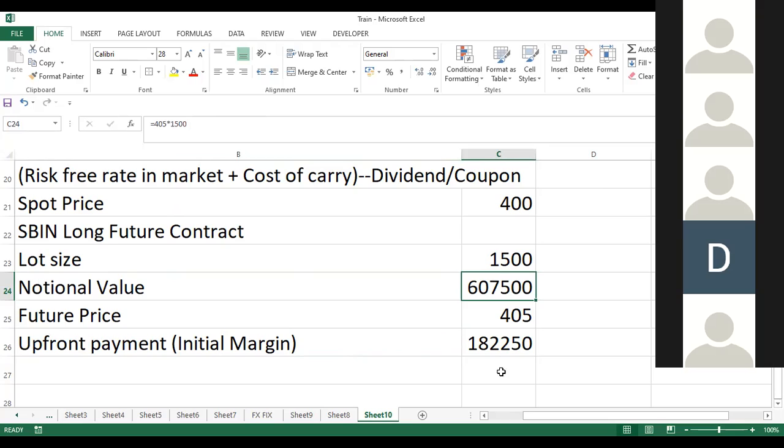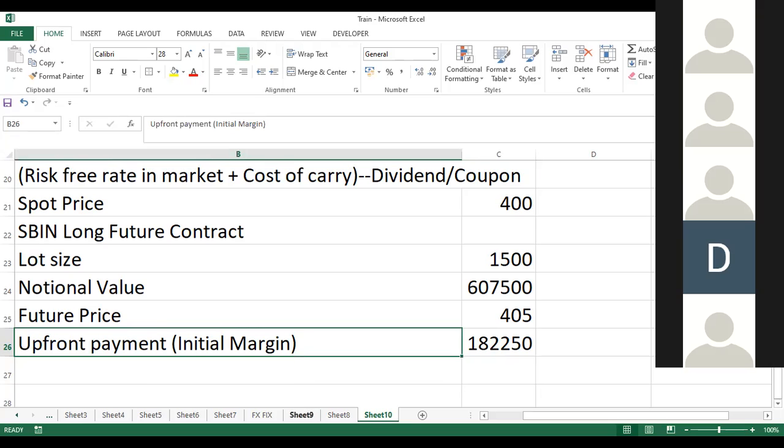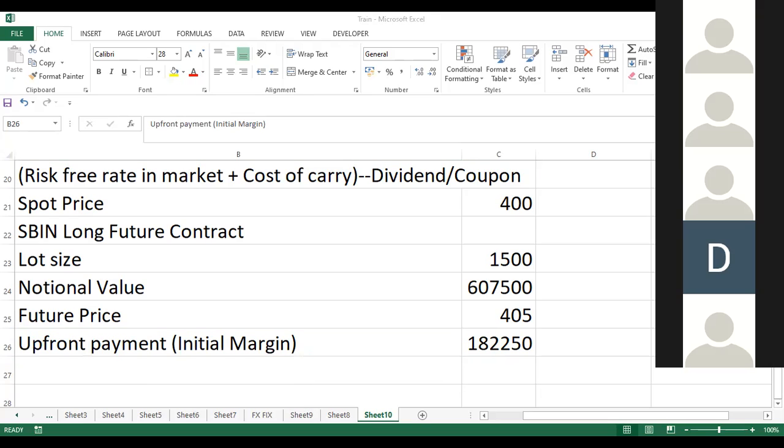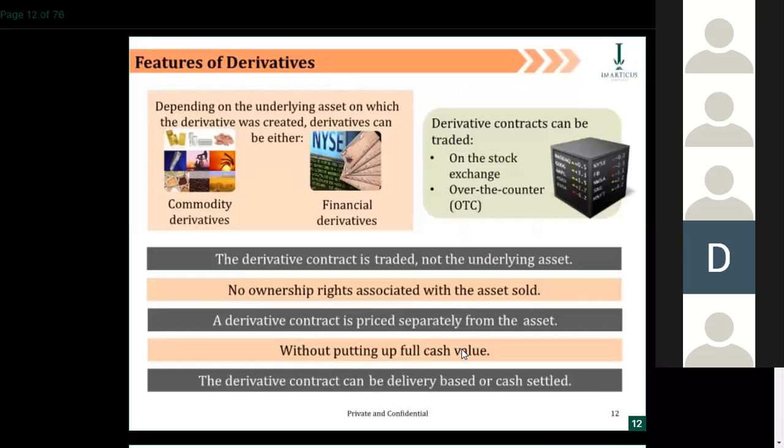But what amount you are paying in the beginning while you take a position in this contract, you're just paying 1,82,250, right? So this is without paying the full amount. If you look at this PPT, you can relate it to what we're talking about, without putting up the full cash value.